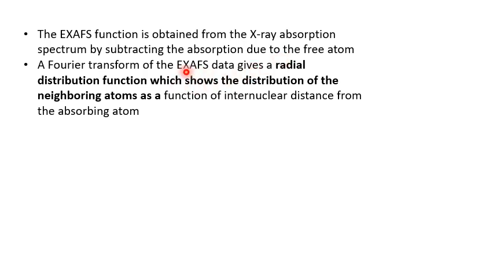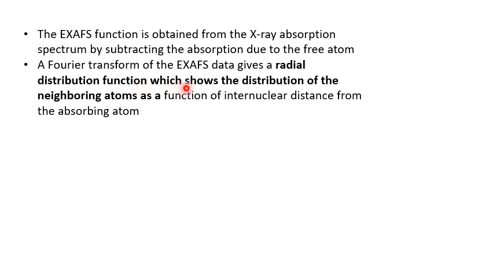On the EXAFS data, a mathematical operation is performed. That mathematical operation is called Fourier transform. When we apply Fourier transform to EXAFS data, it gives a radial distribution function. And what is the radial distribution function?